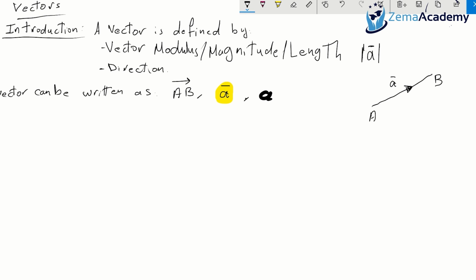Where do we find vectors? For example, force is considered a vector of force, velocity is a vector of velocity, and the weight of an object is a vector. You find it everywhere.